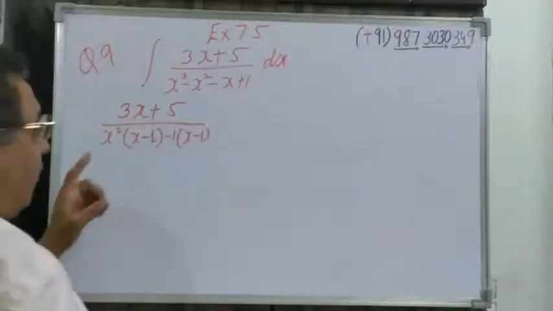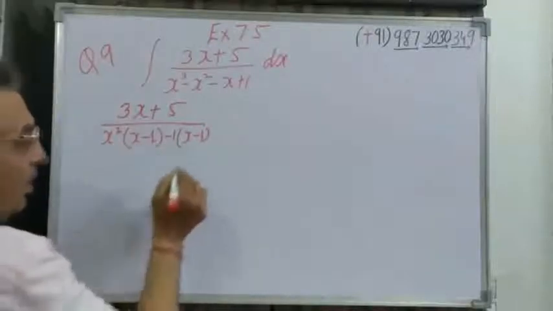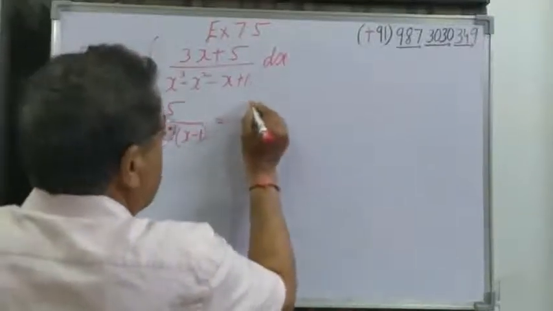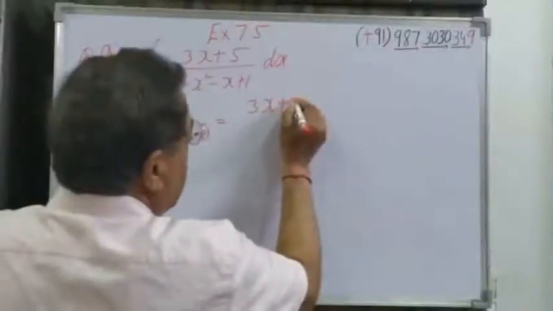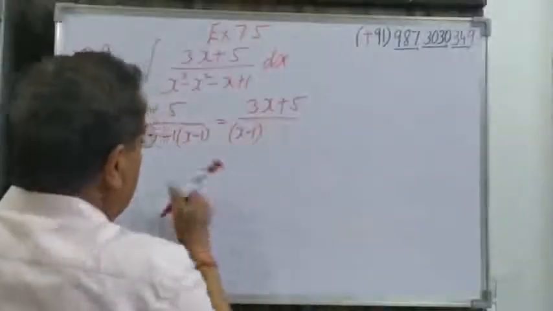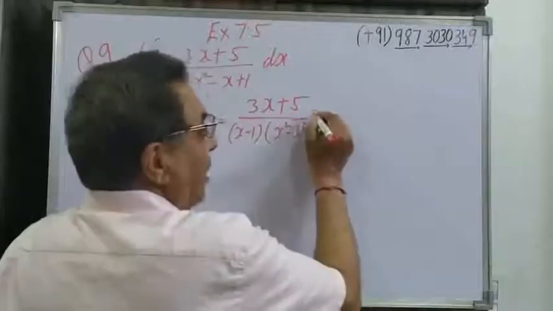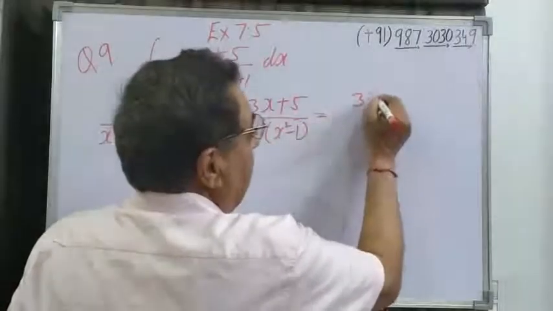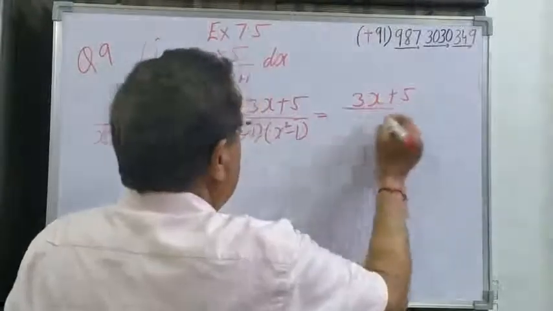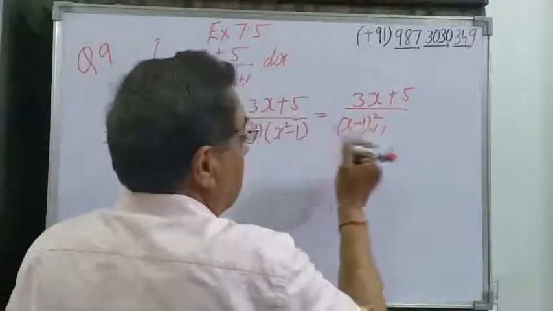So now 3x plus 5, x square common, x minus 1, and that gives us 3x plus 5, x minus 1 common, and x square minus 1. Further, this x cube minus 1 can be factorized. So we may write 3x plus 5 divided by (x minus 1) square times (x plus 1).